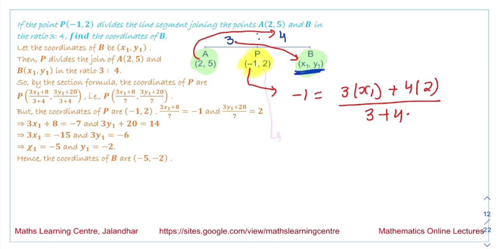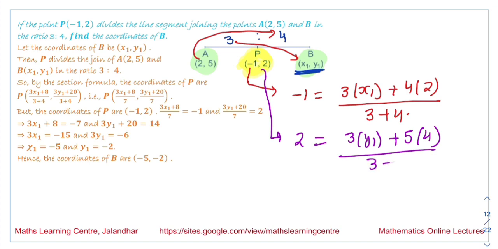Similarly, we are talking about this second value 2 over here, that will be 4 into 5. You can write it in this form, or you can write it in the form 3 into y1 plus 5 into 4 over 3 plus 4. We are getting these two values over here.